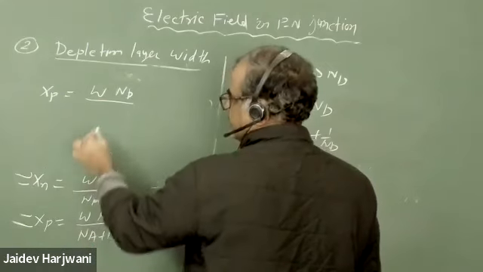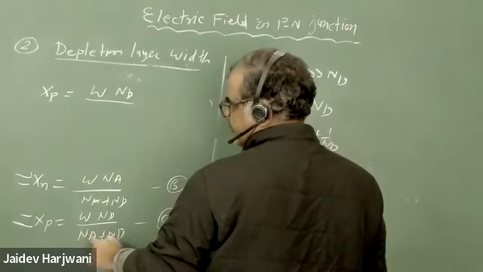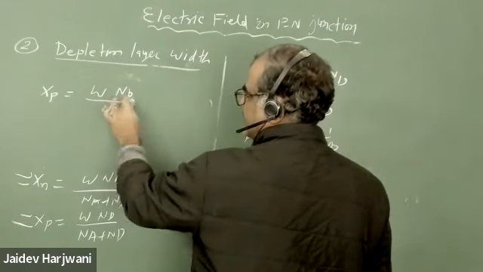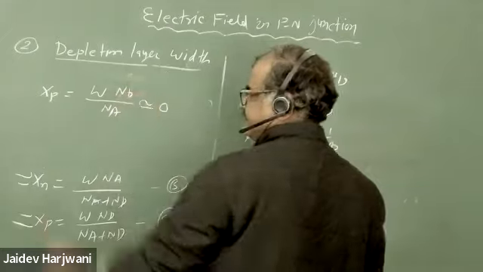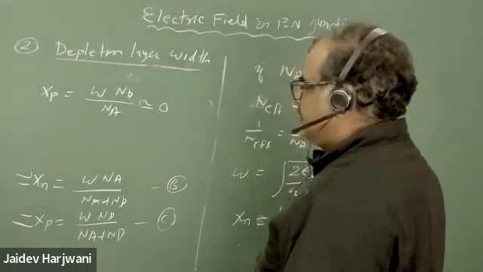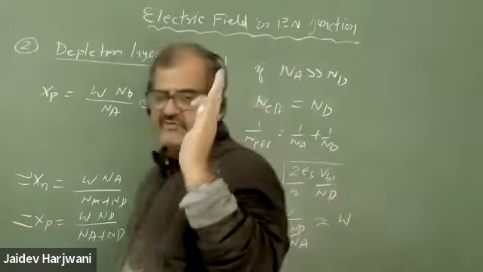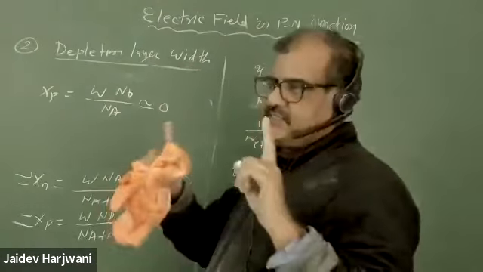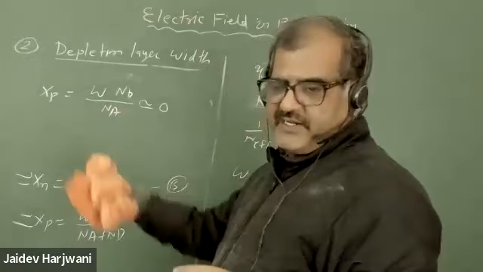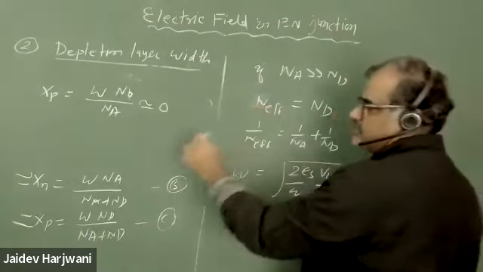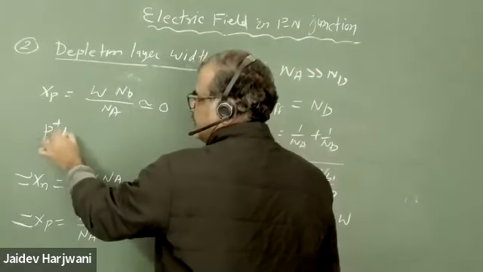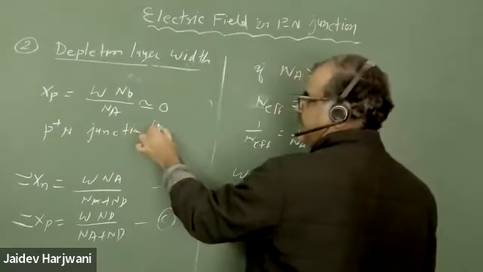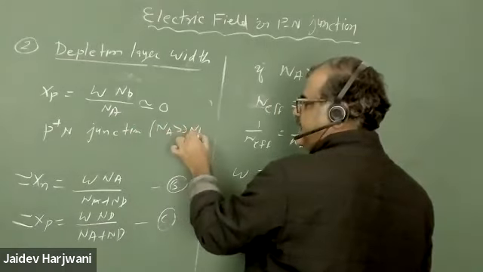If I take Na common, Na is very high compared to Nd, so this becomes almost 0. The depletion layer will be only on one side. The difference will decide whether it is symmetric or one-sided. This kind of junction is called a P plus N junction, where Na is greater than Nd.